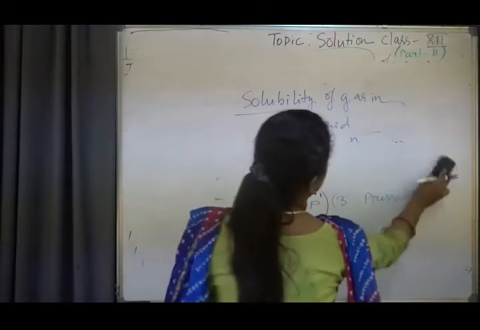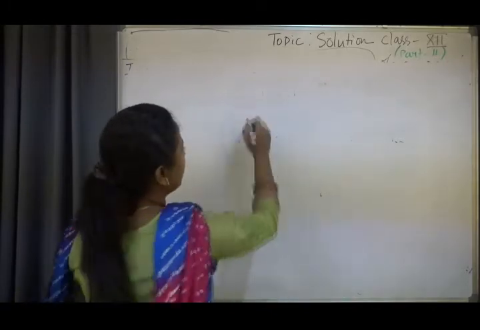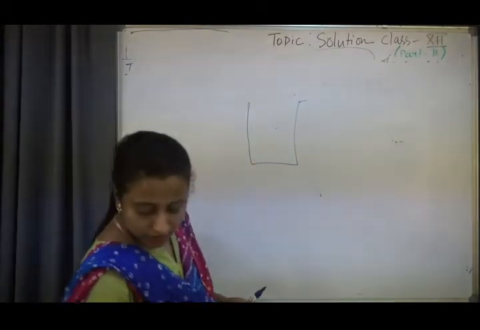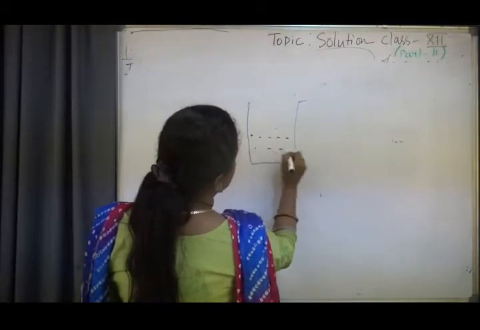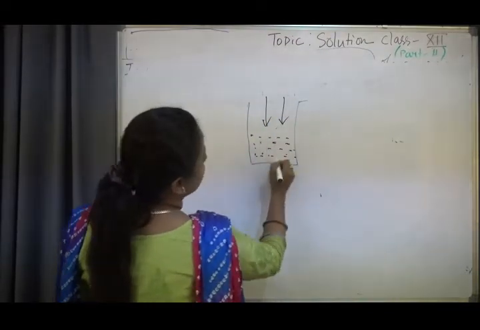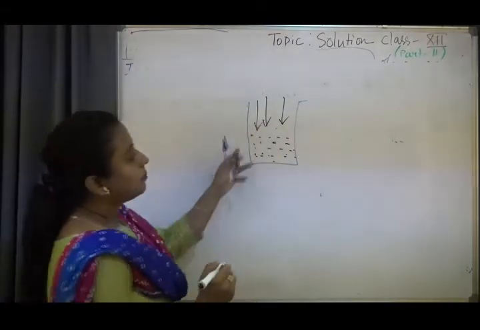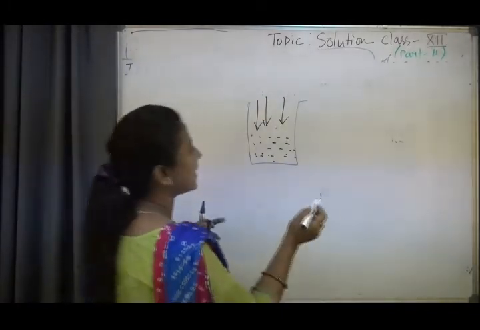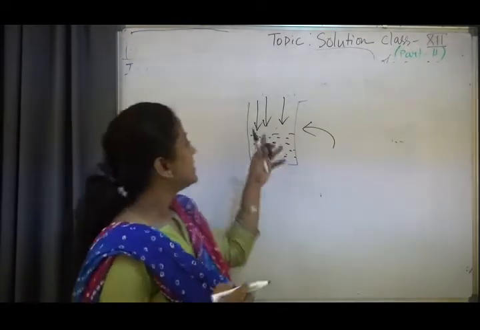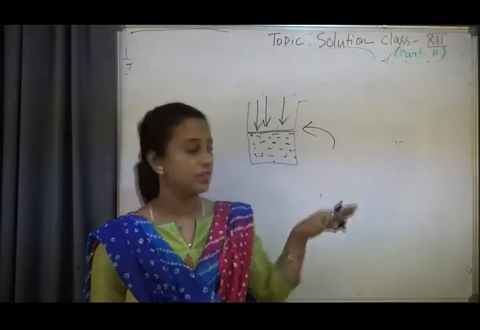So we can see that, suppose here I have drawn a picture, though I am not very good at drawing. All of you are very good at drawing, I know. Suppose here water is taken in a beaker, and the pressure present in the atmosphere is exerting a pressure on the liquid, and this surface experiences the maximum pressure of the gas on the liquid.